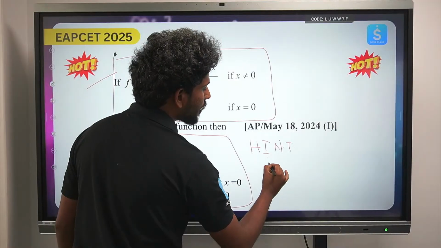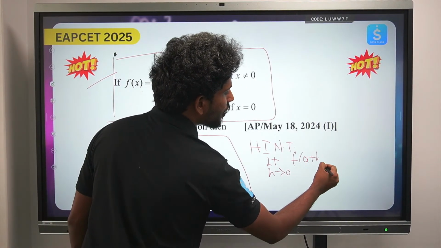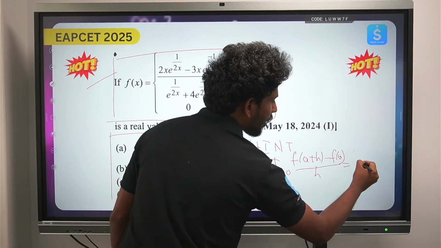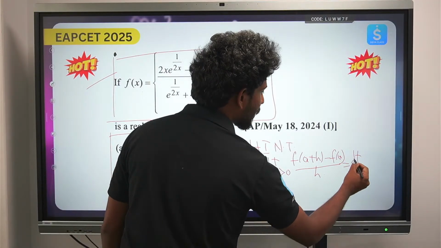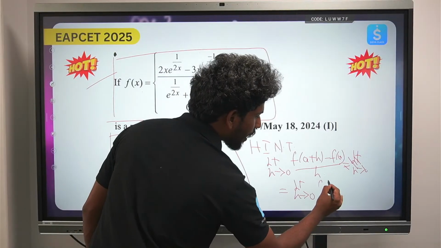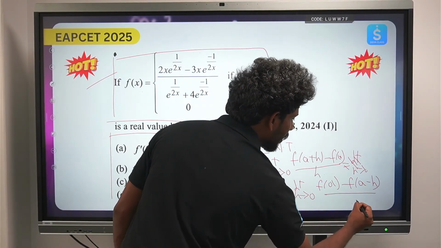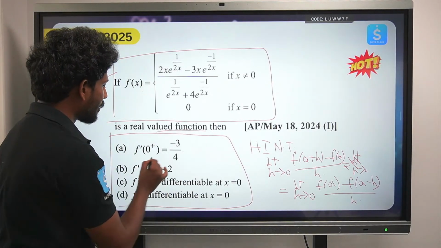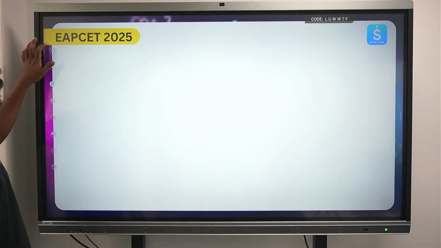Just use this: limit h tends to 0, [f(a + h) − f(a)]/h is equal to limit h tends to 0, [f(a) − f(a − h)]/h. So equate these two and try to find out what the values are. Yeah, so this is one question I am just leaving out to you.